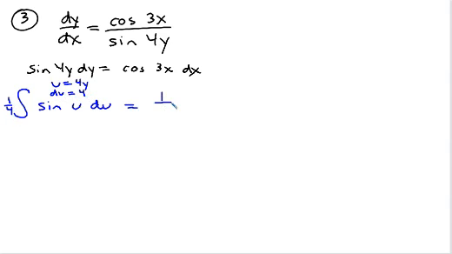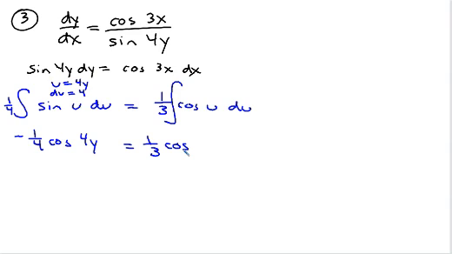I'm going to need to introduce a 1/3 cosine of u du. Just to kind of speed things up here a little bit. And so my antiderivative on this side is the -1/4 of the cosine of my u value, which was 4y. On this side, it's 1/3 times the sine of 3x plus c.